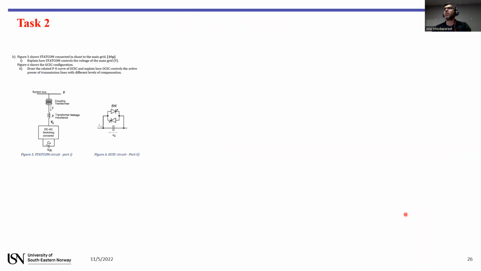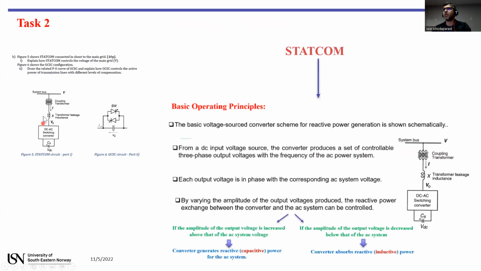Okay, we'll go back to task 2, about the performance of STATCOM. You can see this one is a STATCOM. There are two sides, the DC side and the AC side. The DC side is a small capacitor. We have a converter here that converts DC voltage to AC voltage and then is connected to a transmission line. A STATCOM will be connected to the transmission line in parallel, which we call a shunt device.